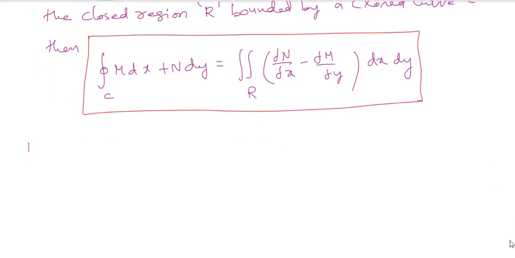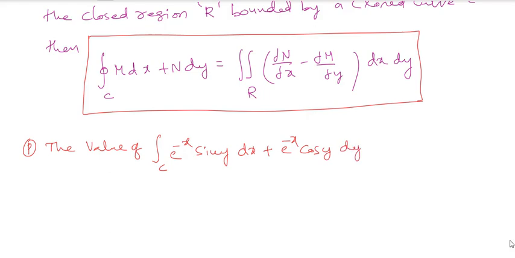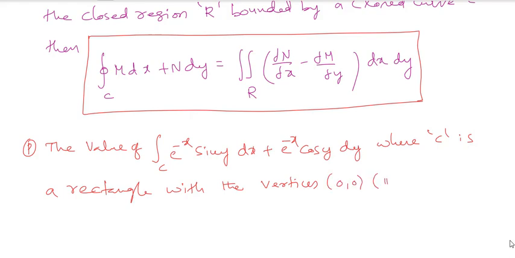The value of the integral over C of e to the power of minus x sin y dx plus e to the power of minus x cos y dy, where C is a rectangle with the vertices (0,0), (pi,0), (pi,pi/2) and (0,pi/2), is dash, and they have given the options also.